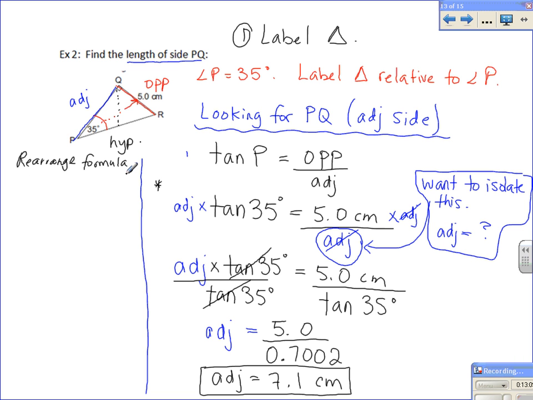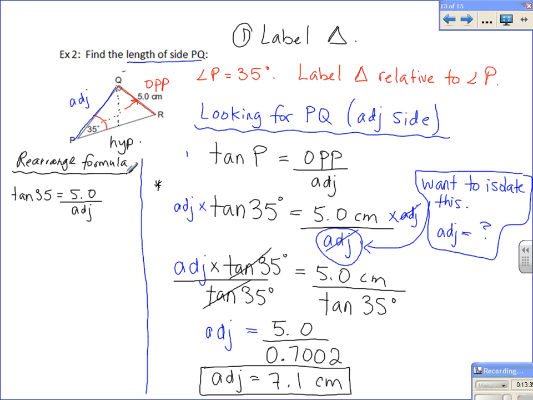It looks like this. Our original formula was the tan of 35 is equal to 5.0 centimeters over the adjacent. And the adjacent was what we wanted to solve for.